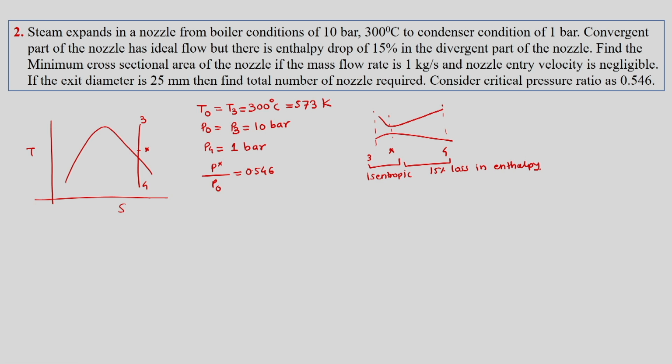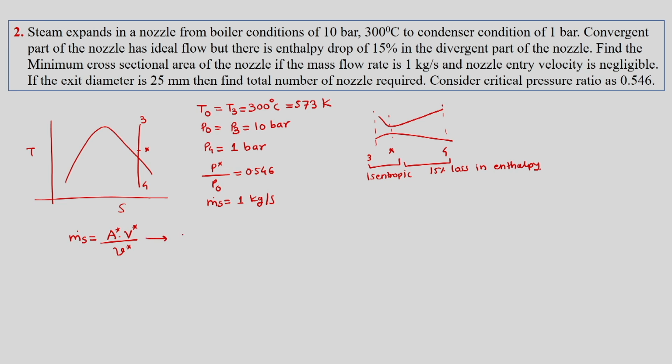So, we are supposed to find out minimum cross section for m dot s is equal to 1 kg per second. Let us first find out minimum cross section. Again I will write down the formula. M dot s is equal to A star into velocity star divided by specific volume star.